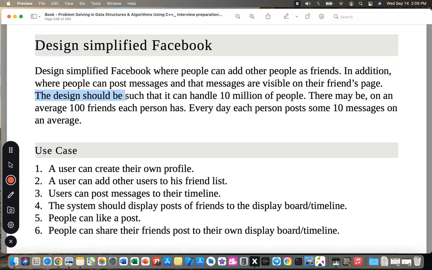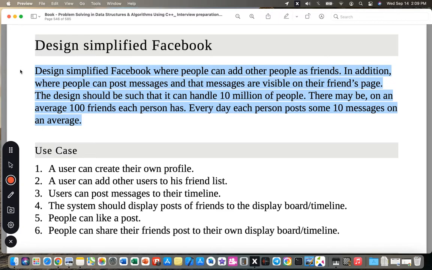The design should be such that it can handle 10 million people. On average, each person has 100 friends. Each person posts, some 10 messages on average, every day. This is the question.